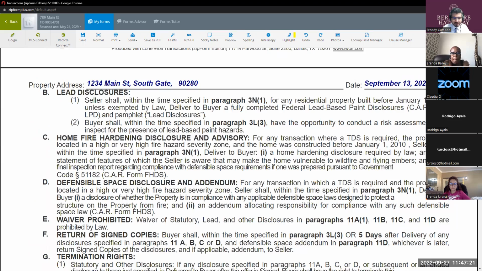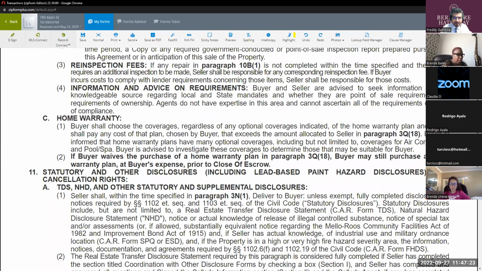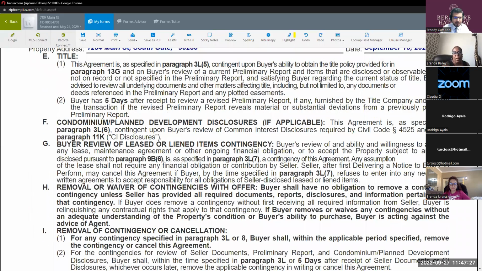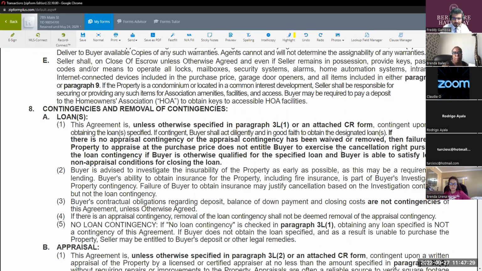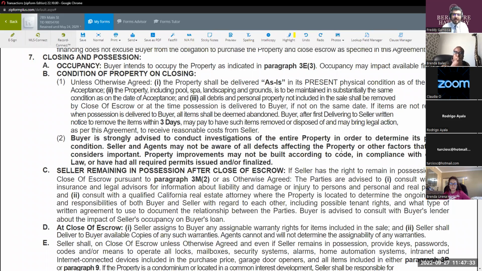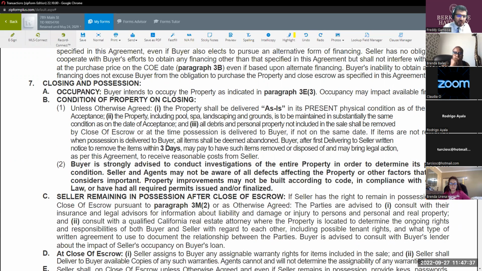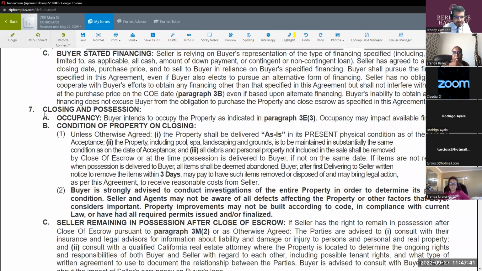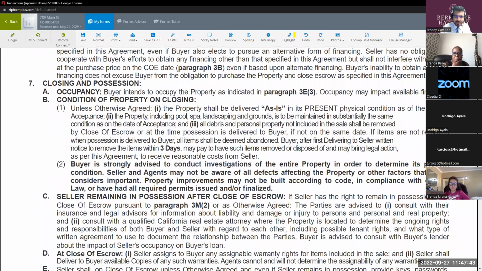Okay, Naomi. So I'm sorry, Brenda. I'm on the opposite end. Let me tell you why it's redundant to put the property as is. Because if you notice here on page 5, it's already paragraph 7B, right? It's already there right here.